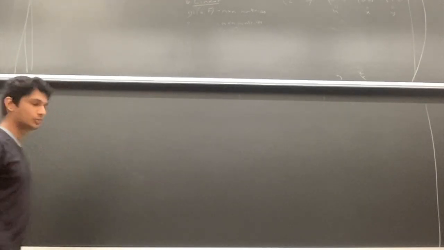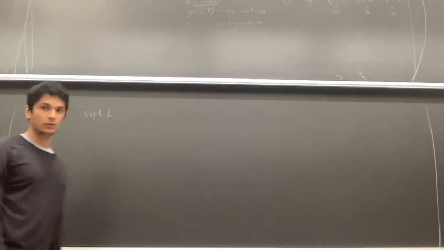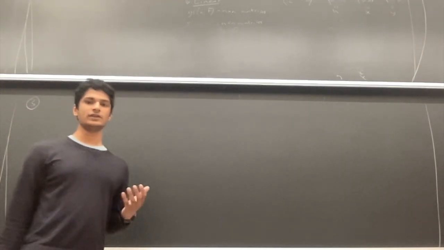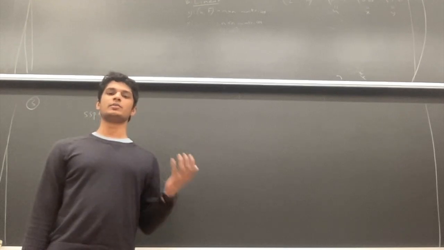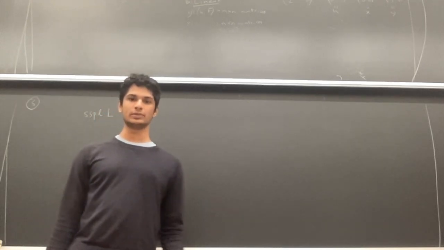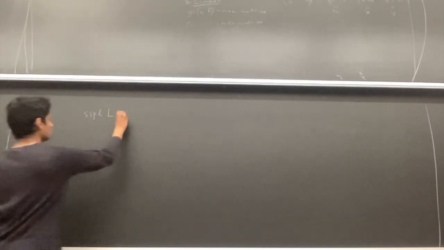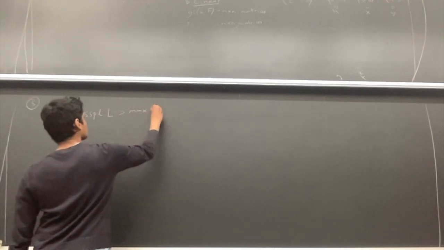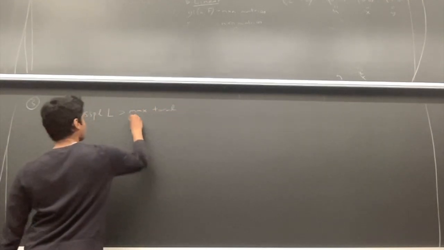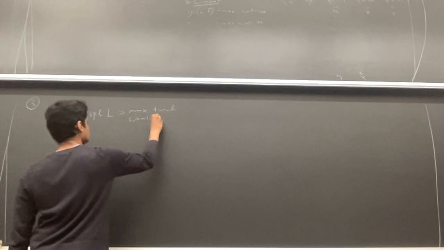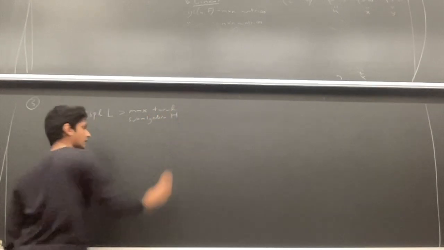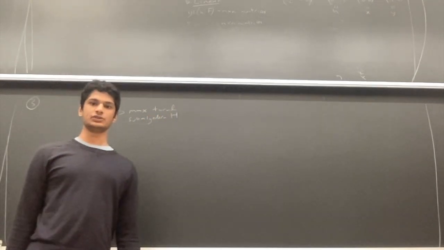So part 3, let's say we have a semisimple Lie algebra. We'll call it L. Now, to every semisimple Lie algebra, there's going to be a maximal toral subalgebra H sitting inside.